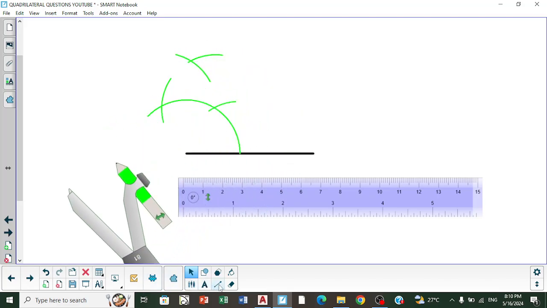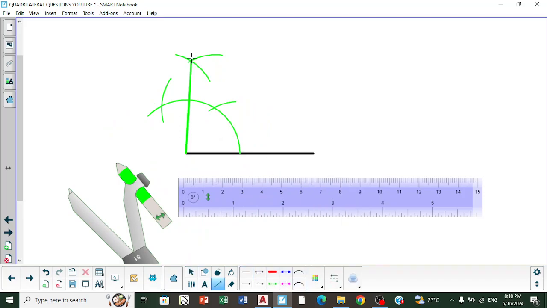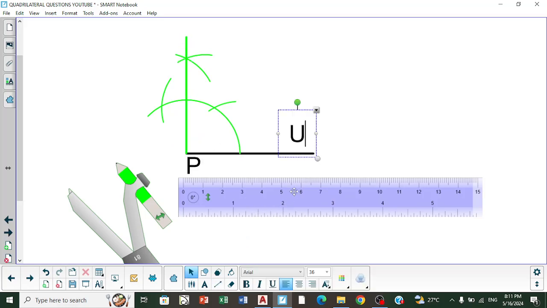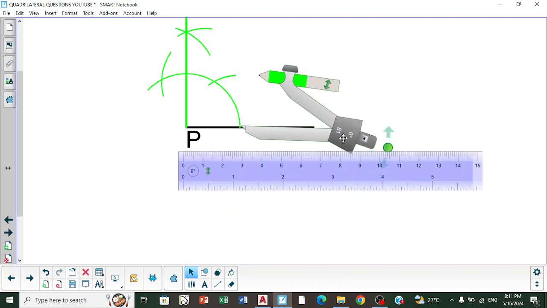So where the straight line meets, I'm going to draw a light line representing my straight line. I'm going to bisect my entire 90. So this is 90 degrees.